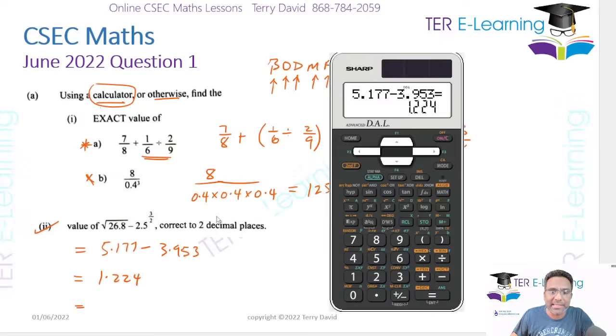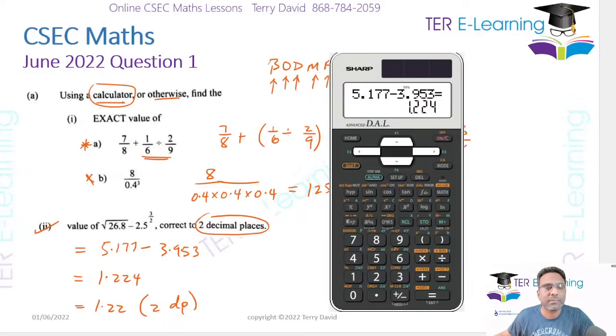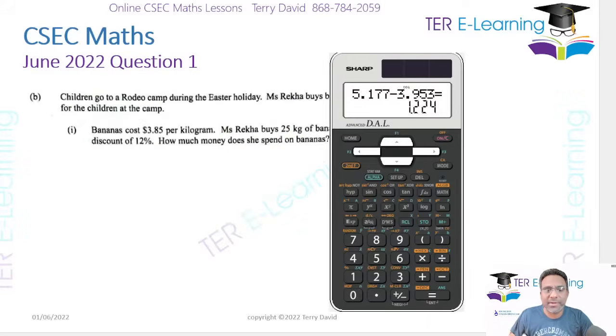But the question says they want the answer to 2 decimal places. So that's going to be 1.22, to 2 decimal places. So that's that part there.